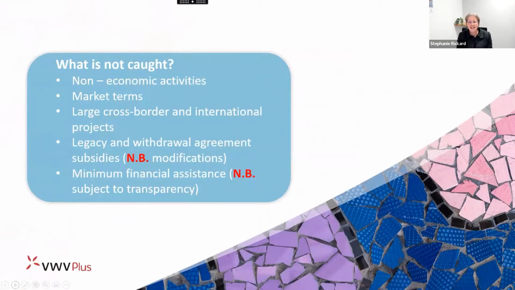So, like the old state aid and interim subsidy control regime, non-economic activities are not caught. So where an organisation is not acting in a commercial way, then no subsidy arises. And that's really important for the HE sector.